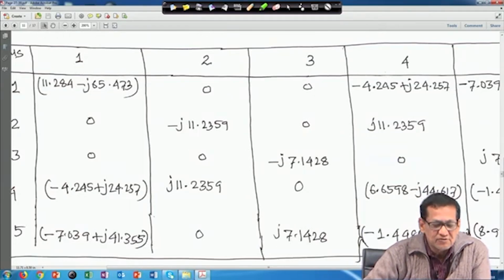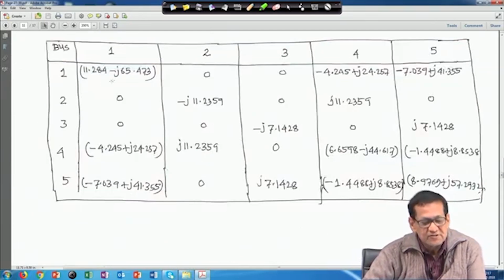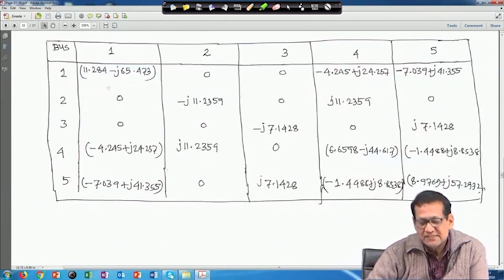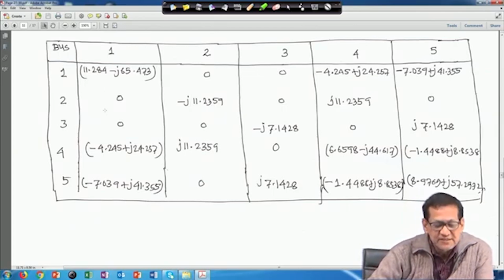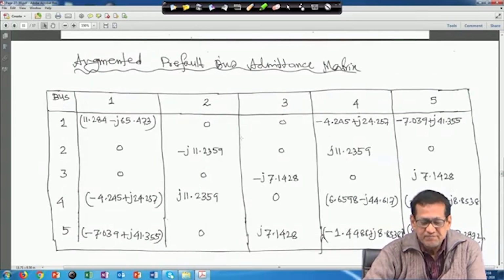Let me reduce the size. This is your bus admittance matrix, a 5 by 5 matrix, and all elements are shown. This is your pre-fault admittance matrix.